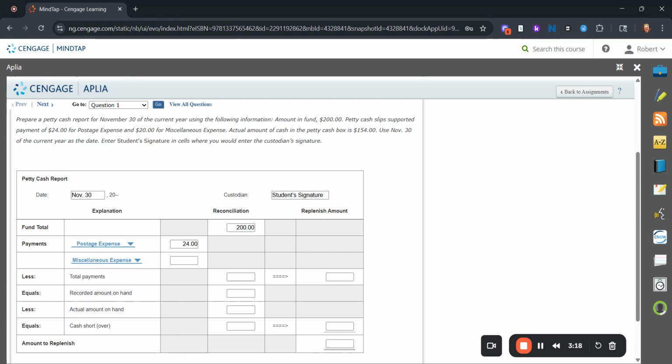And the next one, miscellaneous expense, $20. Maybe it was somebody's birthday and they went and bought cupcakes or something. So those are the two expenses that were taken out of petty cash for the month. So now we've got total payments. So the total of those are $44.